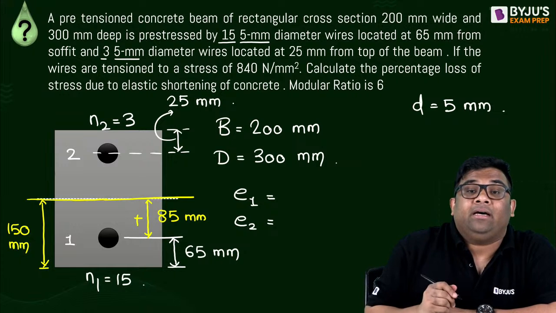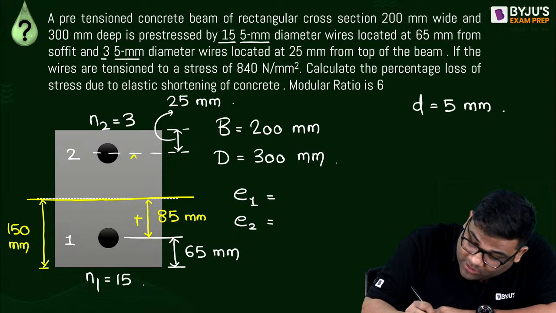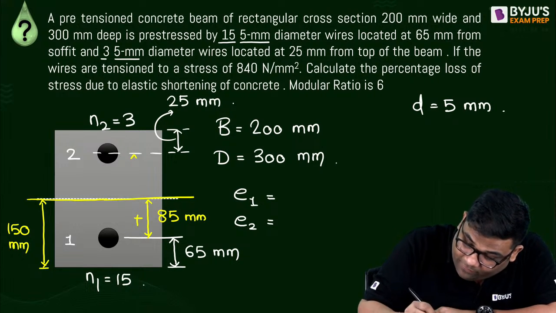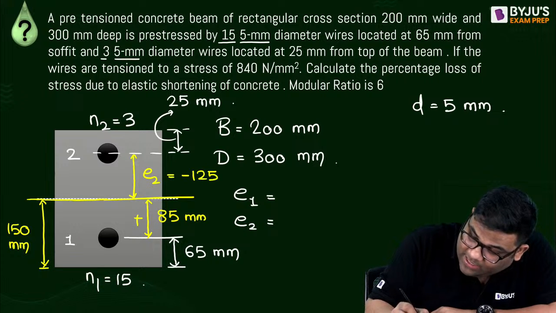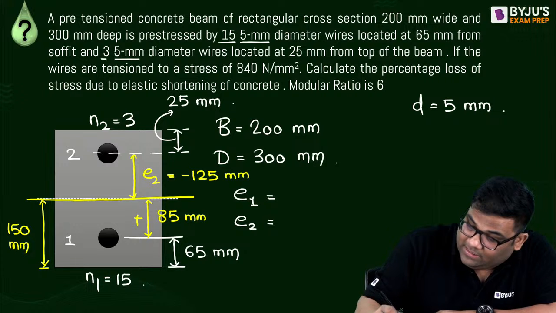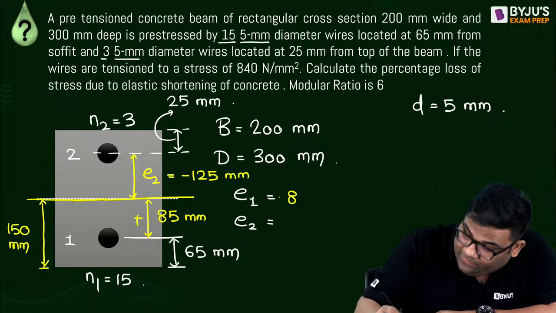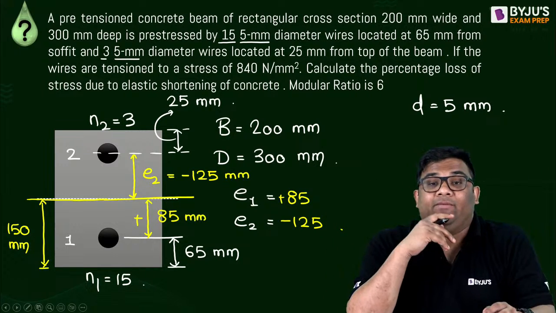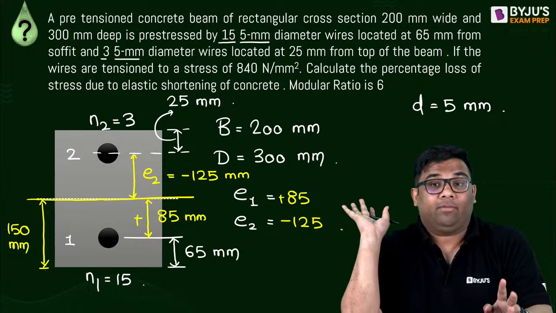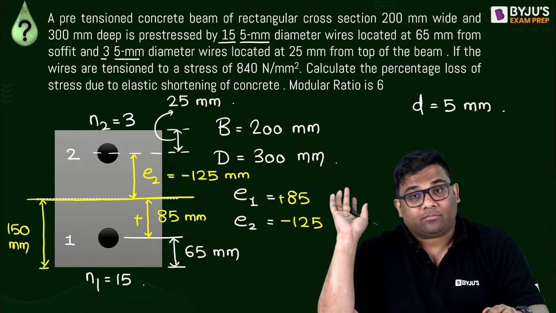Above the neutral axis we'll take it as negative. So this value will be minus 125 mm, and this is plus 85. Understood by everyone?